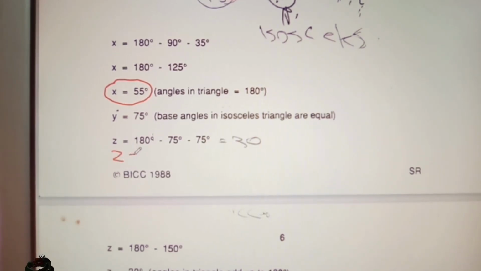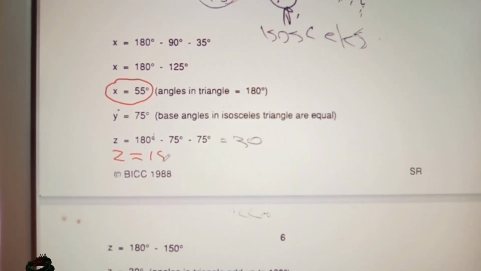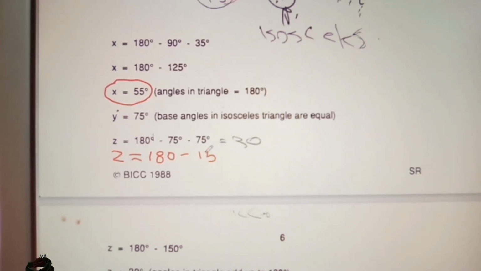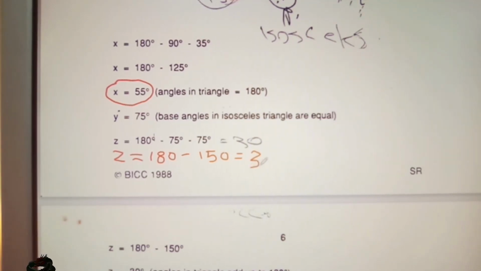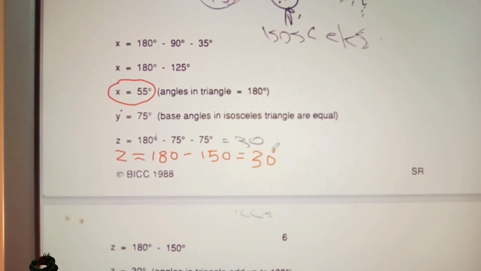z equals 180 minus 150 equals 30 degrees, okay?